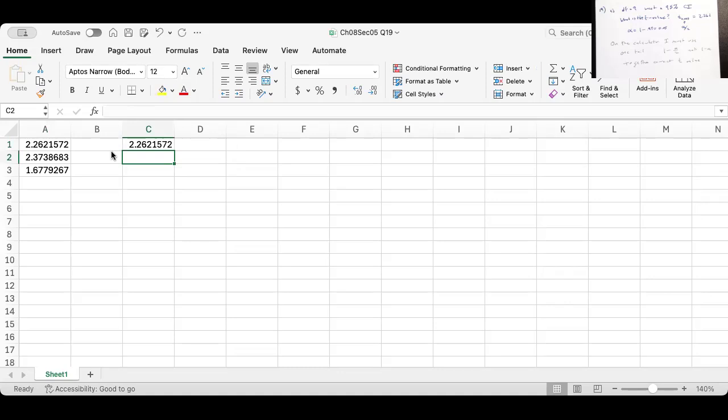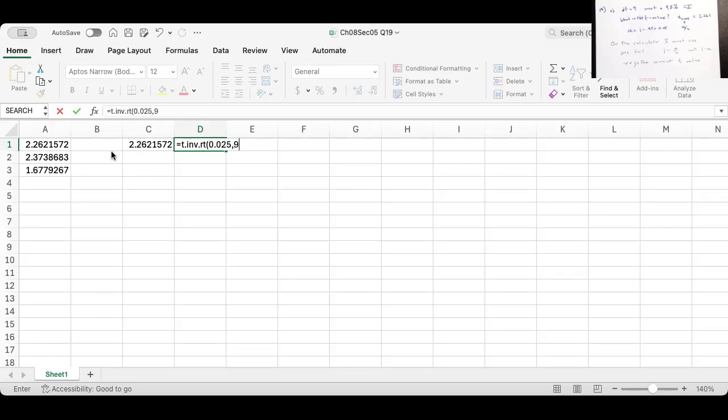There's also a version that only looks at the right side instead of the left side. So I could say equals T.INV.RT, which is right tail. And then what would we be putting on the right side? We'd be putting 0.025 with 9 degrees of freedom. Oh, no, they changed that one.